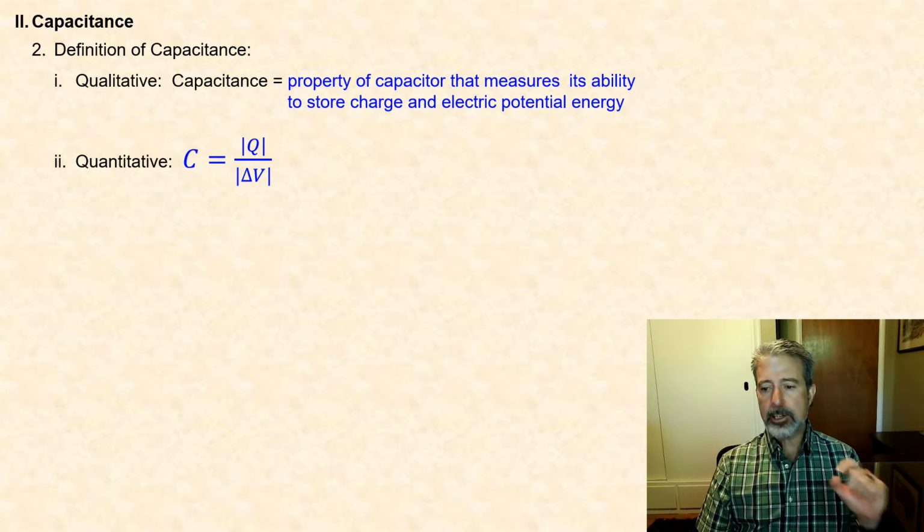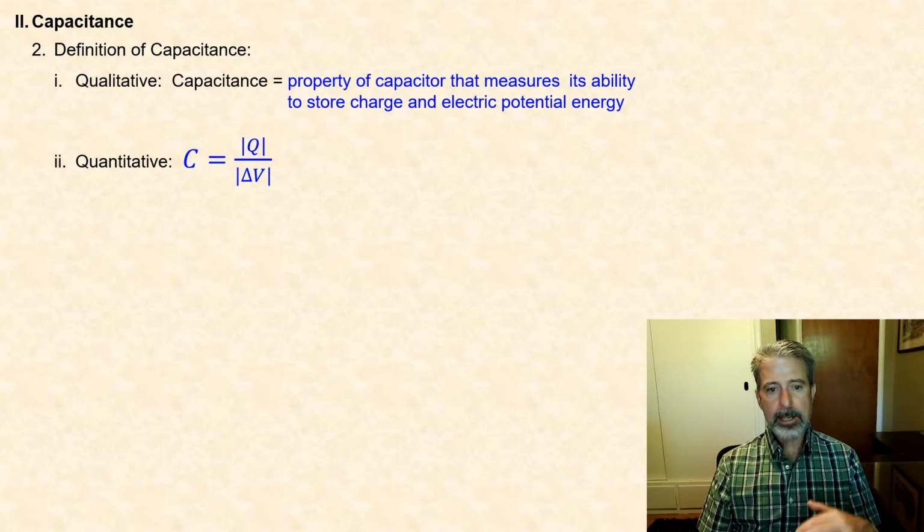By definition, capacitance is a positive constant. It is simply the ratio of the charge that is stored on one of those plates. Notice I'm taking the absolute value here because it's a positive quantity.